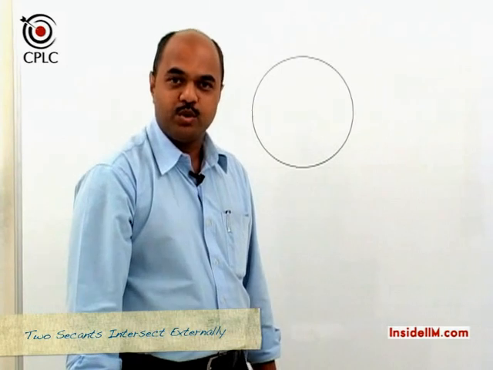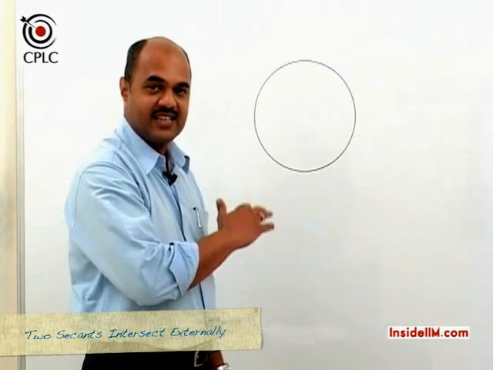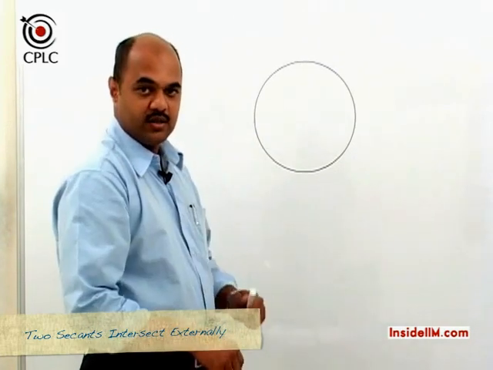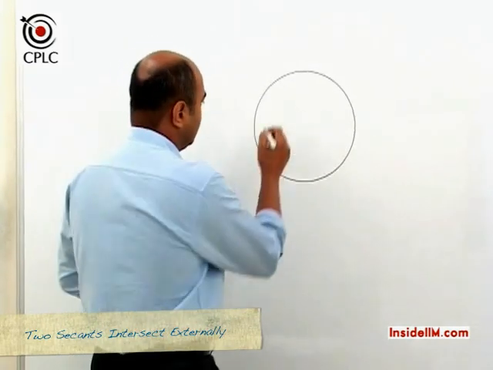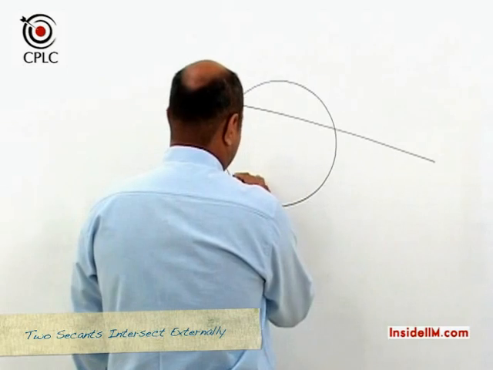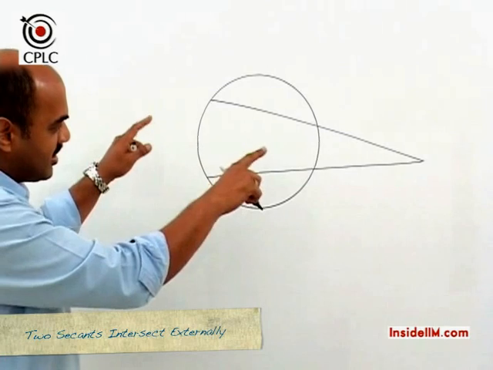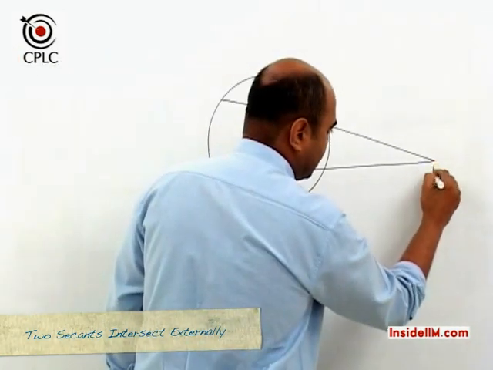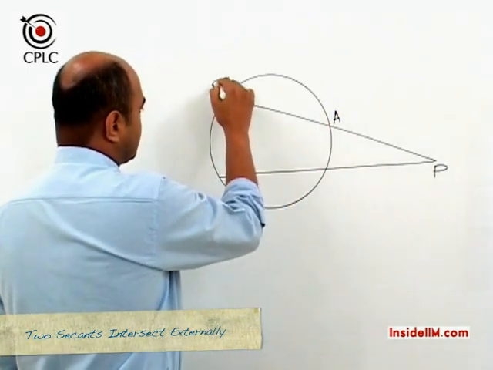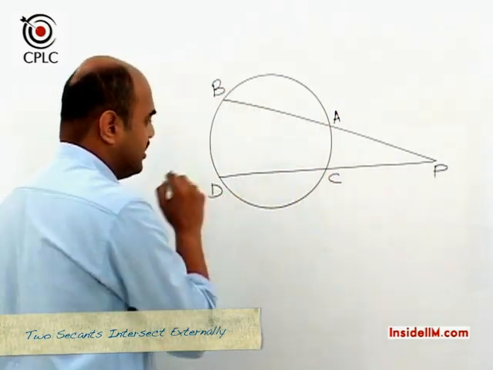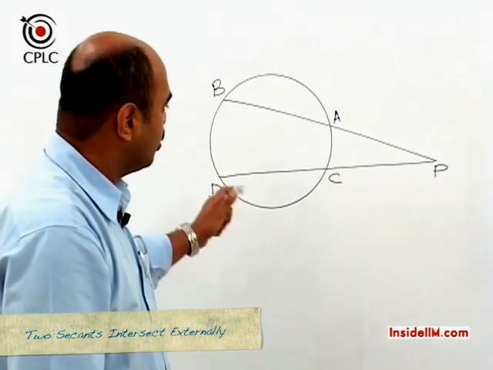Let's see what happens when two secants intersect. Now it's possible that two secants intersect at a point inside the circle or outside the circle. Let's first consider the case where the two secants intersect externally. So if we have a secant and another secant, which meet at one common point outside the circle, suppose this point is P, and this secant cuts the circle in these points A, B, C and D. Now with respect to this property, we're going to look at two different things.